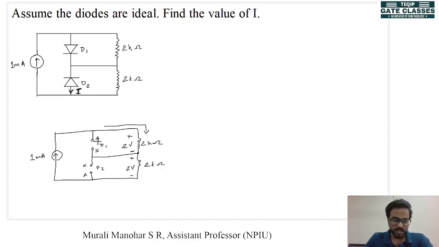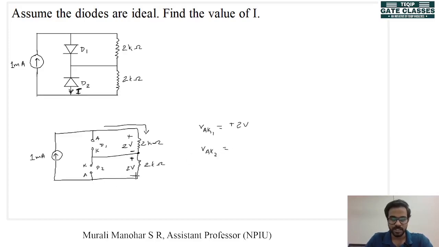Now, when we look at diode D1, its anode is connected to plus 2 volt, and its cathode is connected to the midpoint. So VAK1 will be plus 2 volt. Now, what about VAK2?